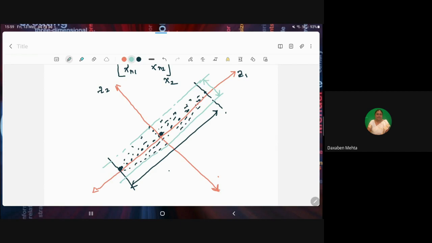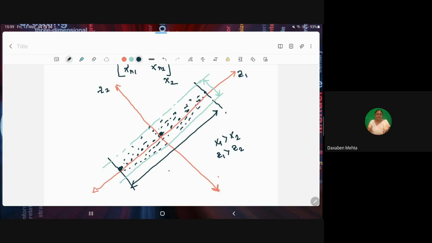So look, by changing the dimensions by angle theta, I found from this data set that x1 has some greater variability compared to x2. Or rather you may say not x1, now it is changed to z1 and z2.